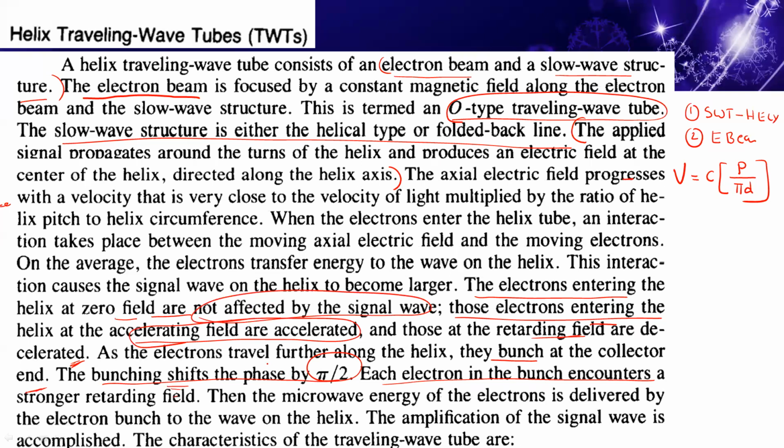Under zero field there is no movement of electrons. Slowly, when the electrons enter the particular field, we follow a step-by-step procedure for the generation of these electrons.